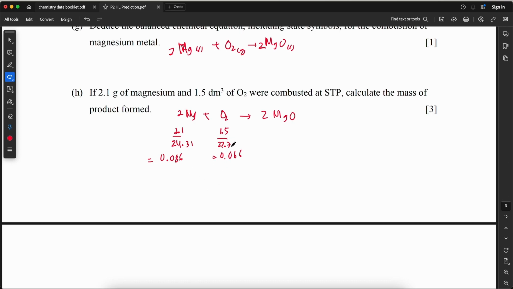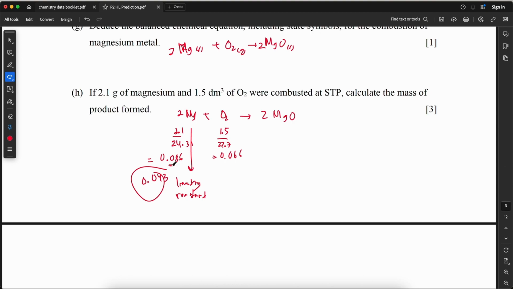So for oxygen, 0.066 mole for 1 oxygen, but for Mg it's 0.086 for 2 Mg. So for 1 Mg it's 0.043. Therefore Mg is the limiting reactant. So now for the mass of MgO, we refer to the limiting reactant, not this one. This one is only to check which is the limiting reactant.